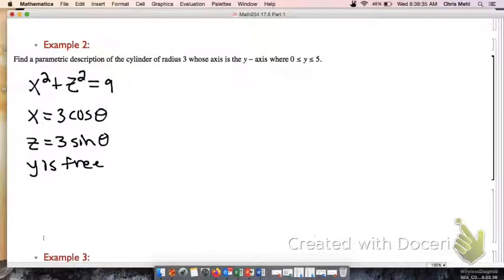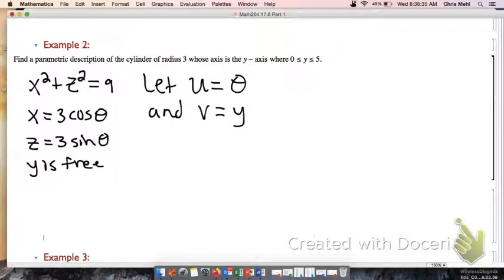Now, for parametrizing this or finding a parametric description, in this case what I would do is let u equal theta, and you can let v equal y, and then what you know now is since u is theta, that's going to range from 0 to 2 pi, and since v is y, y is going to range from 0 to 5.